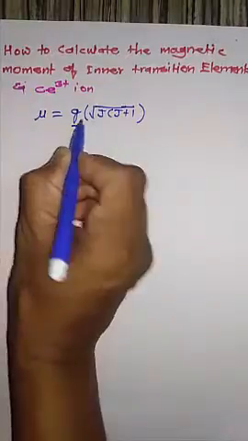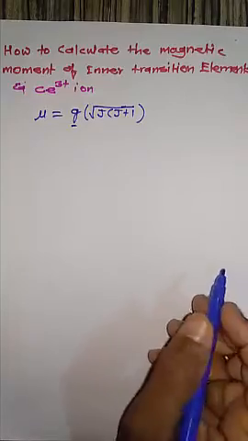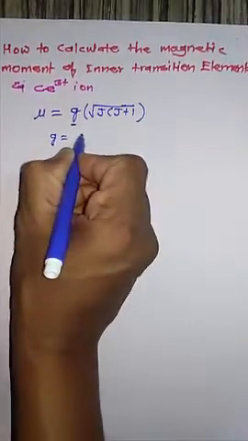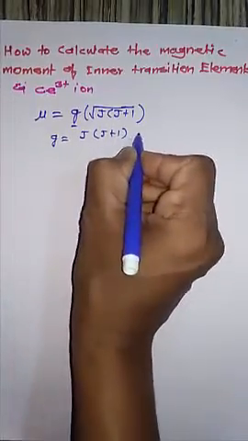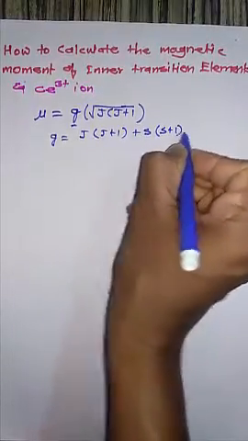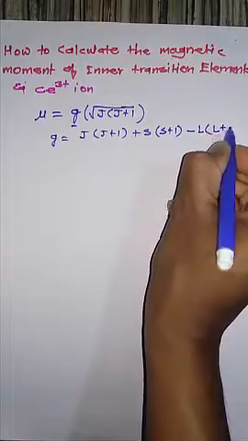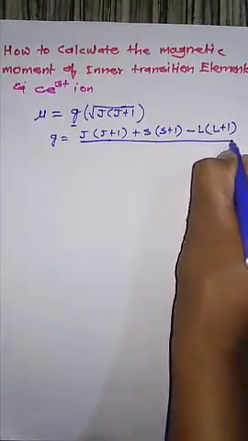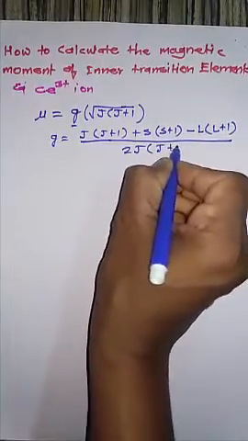Here g is the gyromagnetic ratio, or Lande constant, which is equal to J into J plus 1 plus S into S plus 1 minus L into L plus 1, whole divided by 2J into J plus 1.